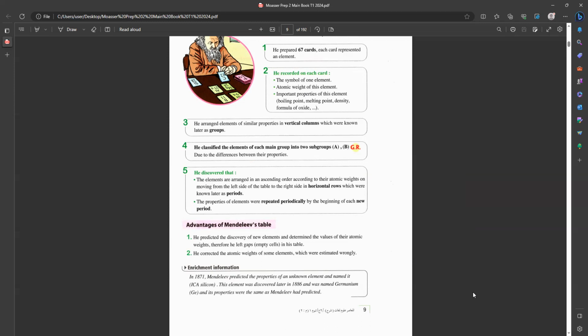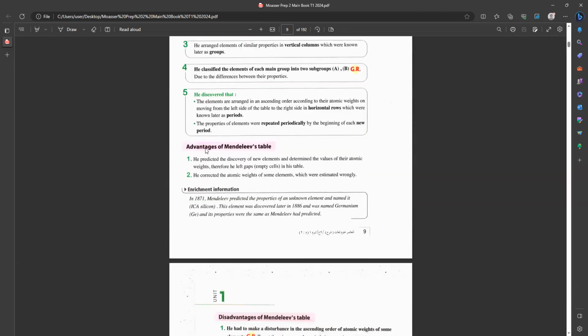But after he designed the table, the scientists after him found it has advantages and disadvantages. Something is correct about his table, and something is not correct and must be corrected.